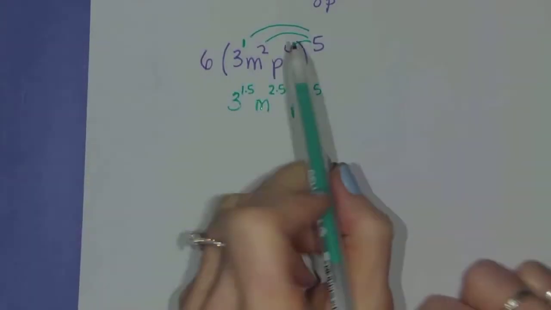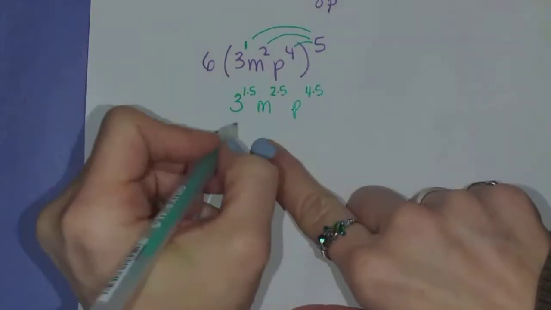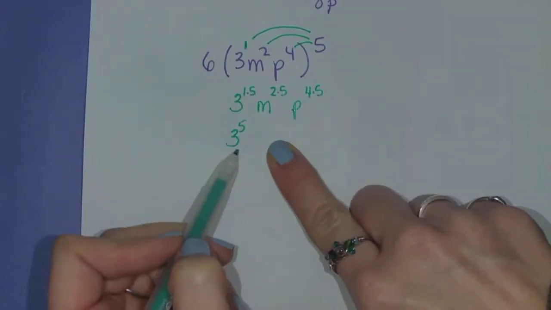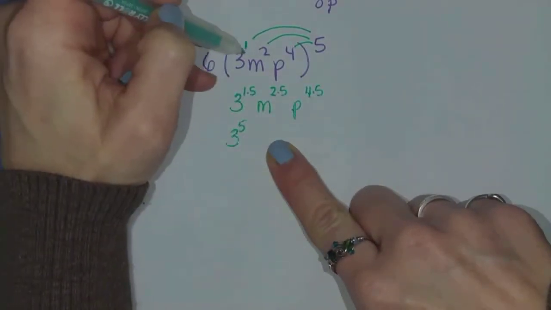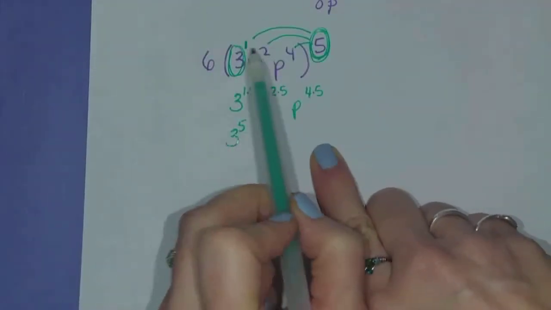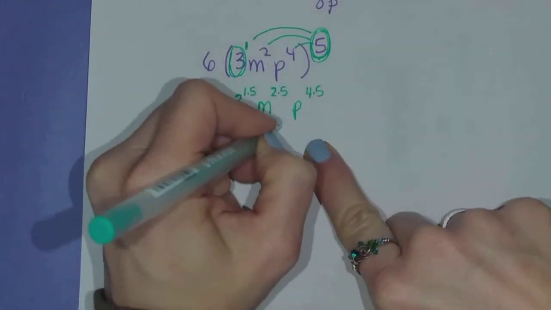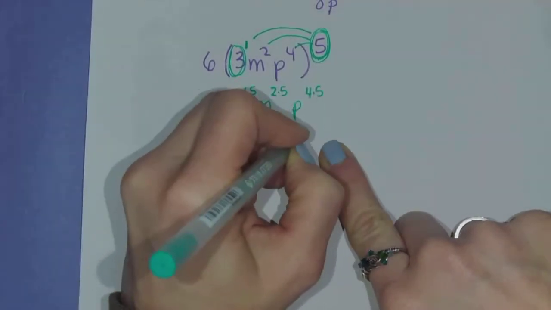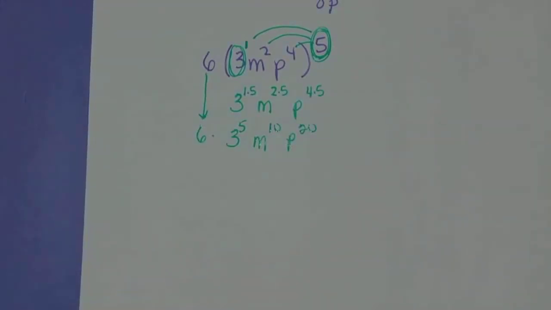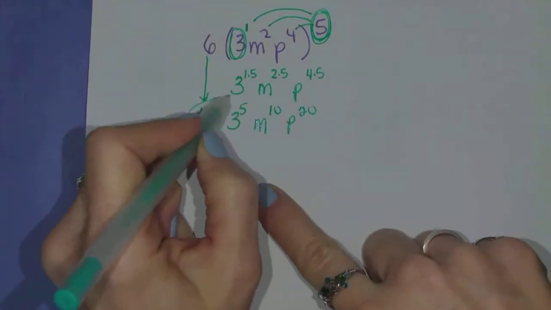So essentially, I'm multiplying, and I'm raising 3 to the 5th power, because 1 times 5 is 5. m, 2 times 5 is 10, 4 times 5 is 20, and I drag down the 6. Don't forget the 6.